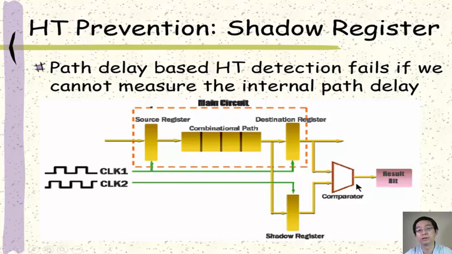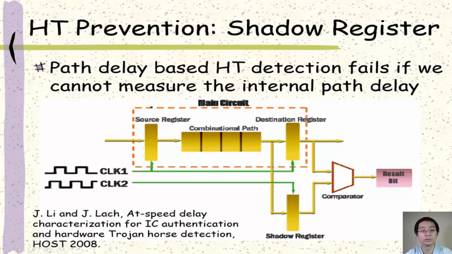When they become different, the comparison result will be different. So this significantly improves the observability or visibility of this internal path, and it can be used to facilitate hardware Trojan detection. For details, we can check the paper by Lee and Locke in 2008.